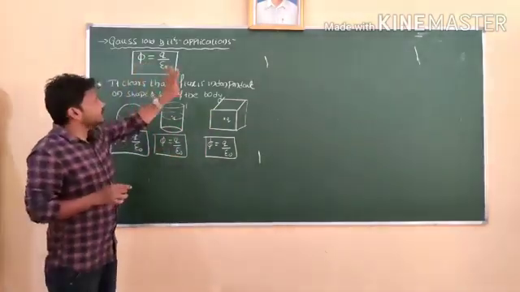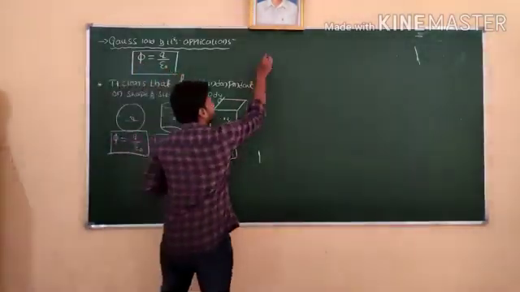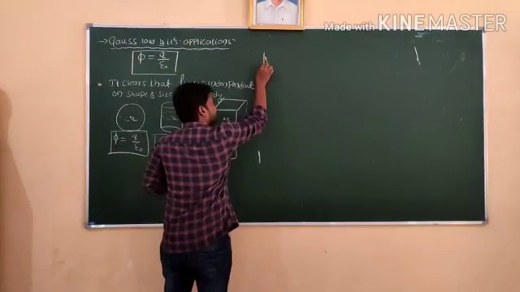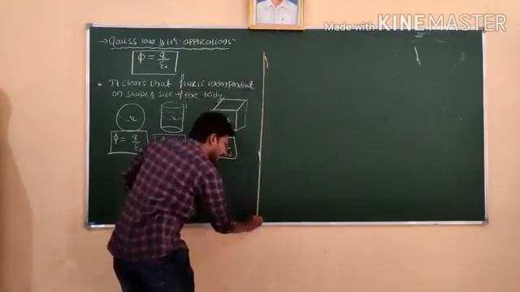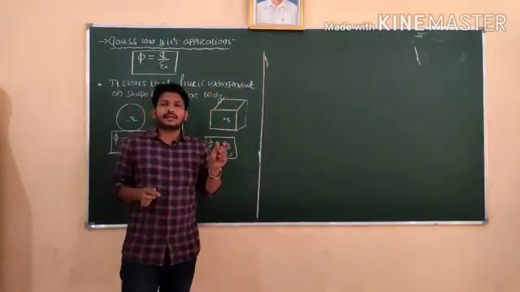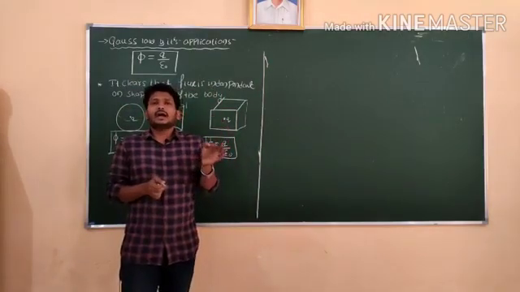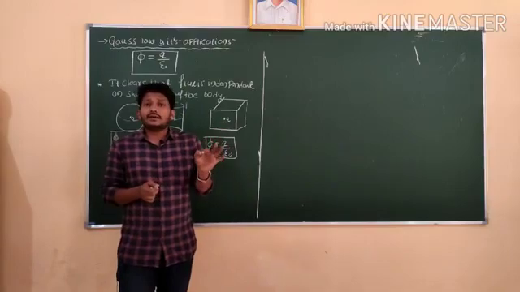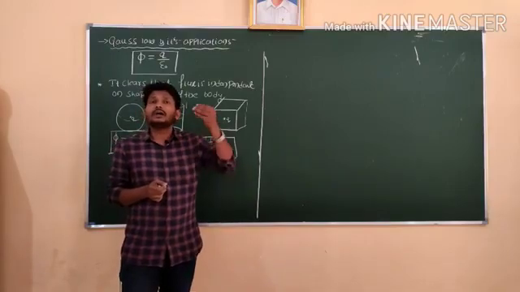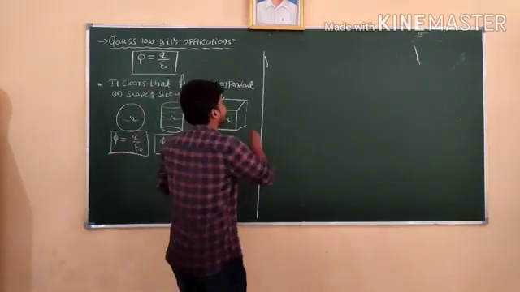So that depends on this Gauss law. Now let me consider one hemisphere here. The hemisphere is placed in a uniform electric field region, and I will consider what the value of electric flux through the curved surface is. Let me write it here.